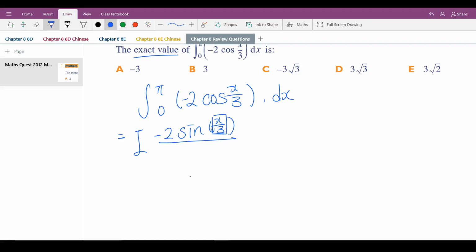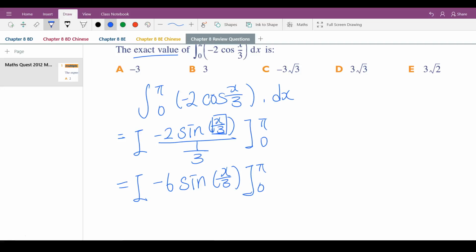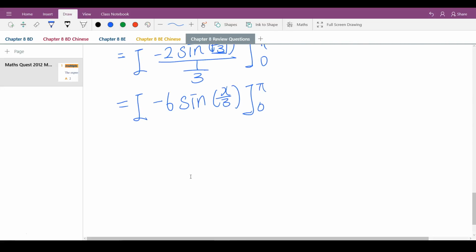The derivative inside the bracket is 1 over 3. Now, when you divide it by a third, it's the same as multiplying by 3. But we do that later. From 0 to pi. So it's just -6 sine x over 3, from 0 to pi. Yeah, nothing else we can do.